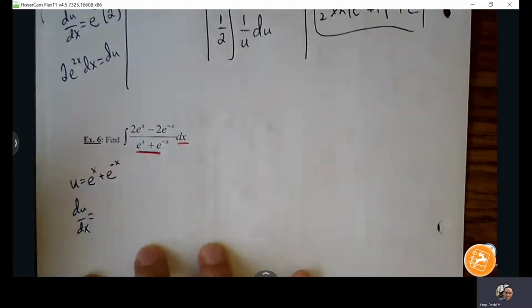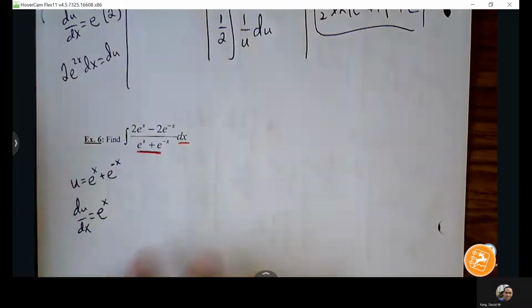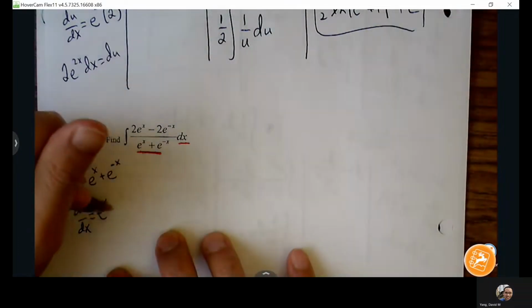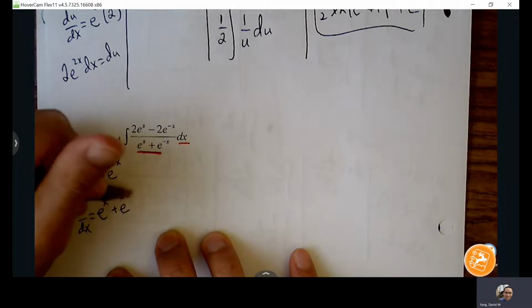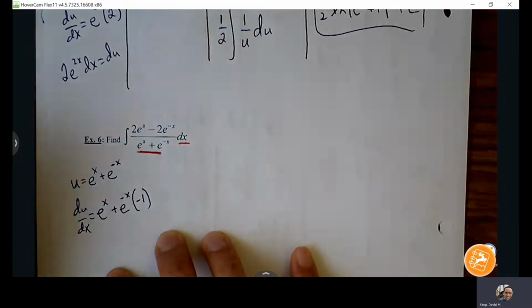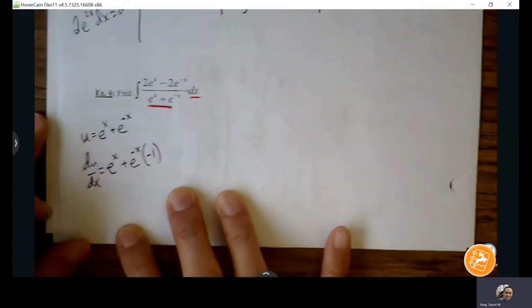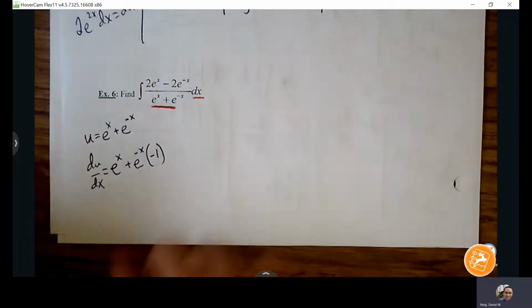Okay, what's the derivative? Good. There's going to be that leftover -1 from that second e to the negative x. We can pull that out as a negative.